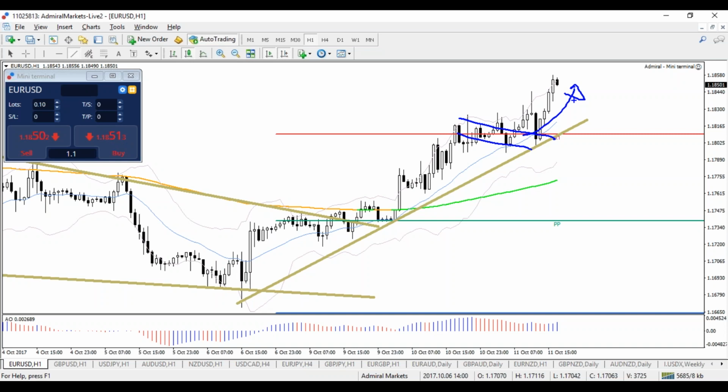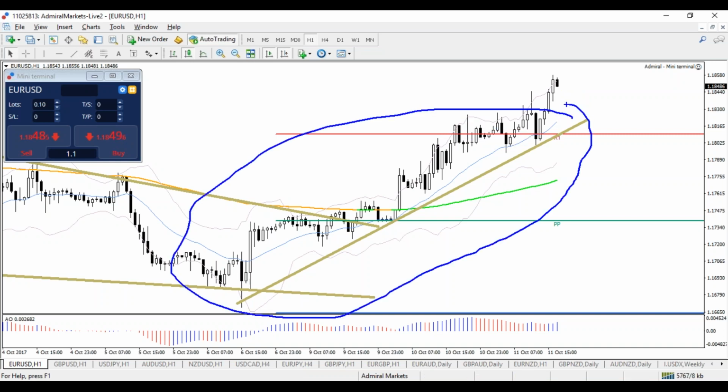All right. So this is discretionary analysis, basically. That requires a little bit more thinking, a little bit more critical approach towards the charts. But the advantage is, although as I said, it takes a bit more time, the advantage is that you learn a skill. You learn really how to analyze and understand the charts.